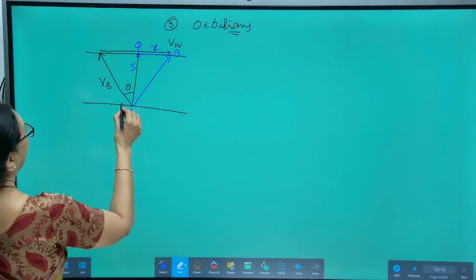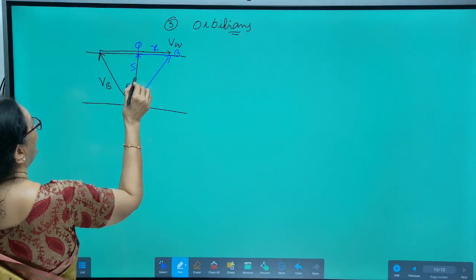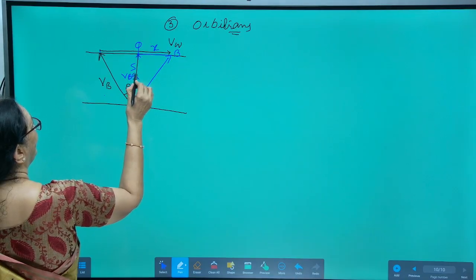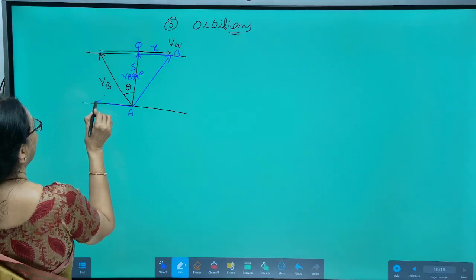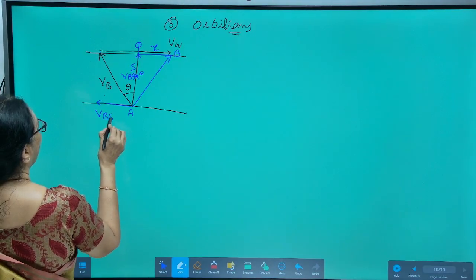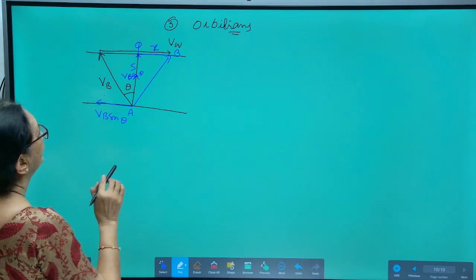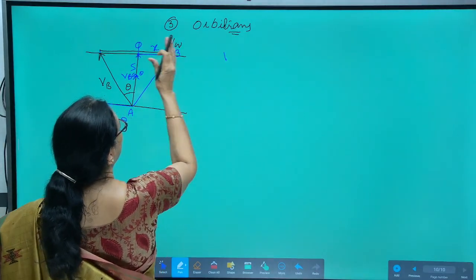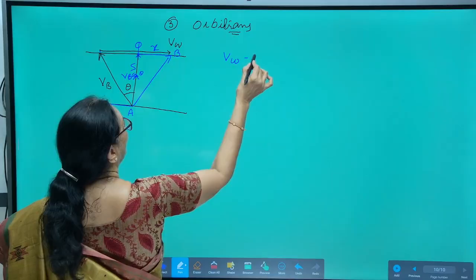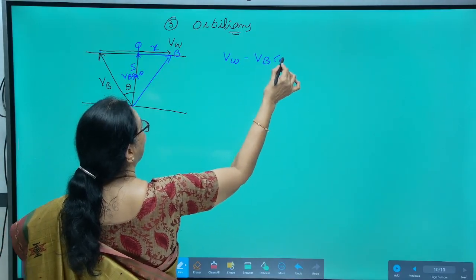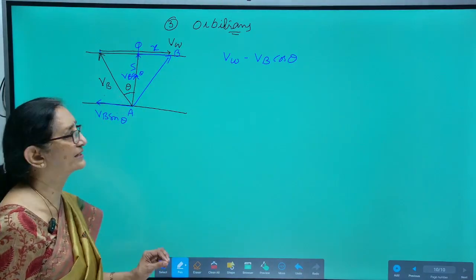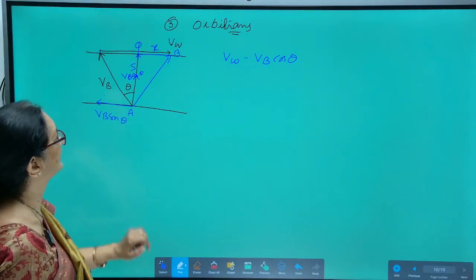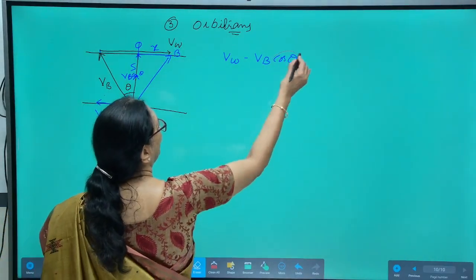Now, here, this is Vb. Its component along this direction, theta is given here, becomes Vb cos theta, and the component along this side becomes Vb sin theta. The resultant velocity of the boat in this direction is Vw minus Vb sin theta.